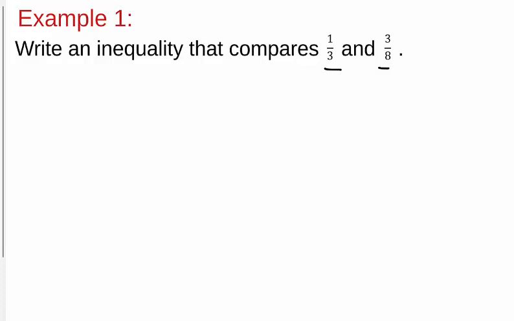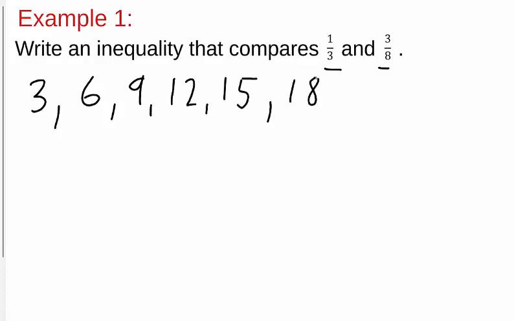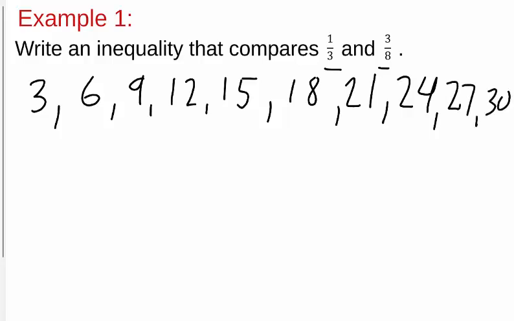So let's think. If we go through the multiples of 3, we've got 3, 6, 9, 12, 15, 18, 21, 24, 27, 30. I'm going to stop at 30.